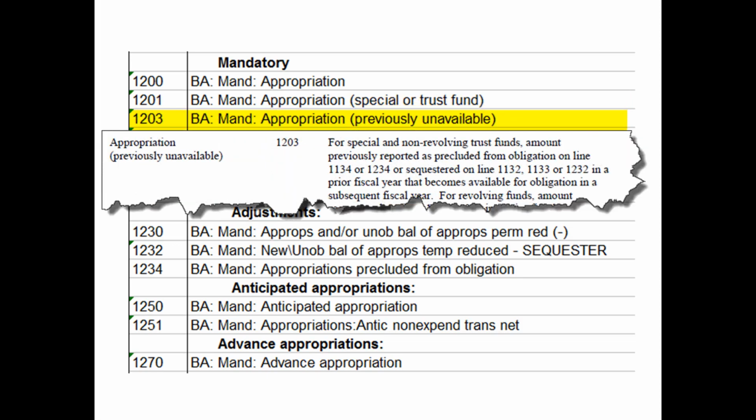Line 1203 is also used only for special and non-revolving trust funds to reflect amounts that were previously reported as sequestered on line 1232 in a prior fiscal year that becomes available for obligation in a subsequent fiscal year.